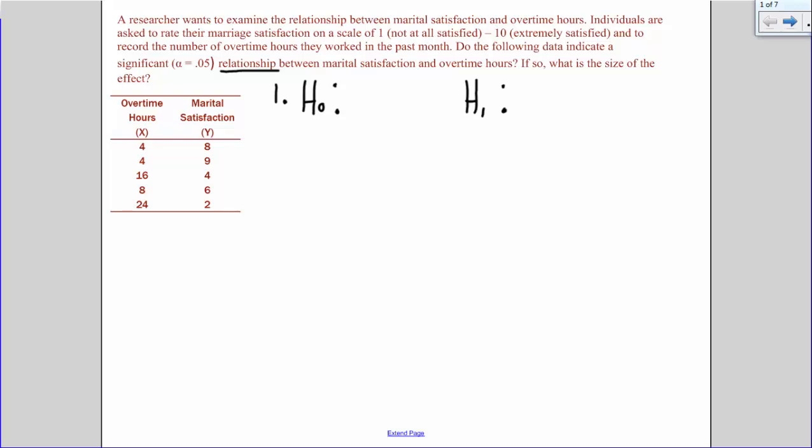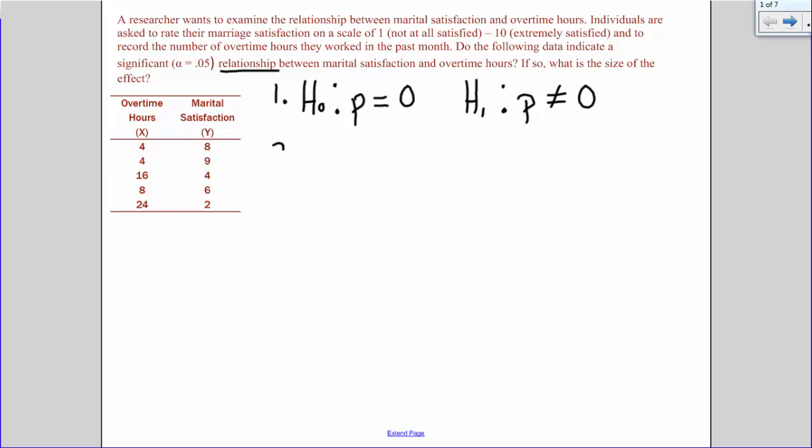I'm not being specific about whether I think that as marital satisfaction increases, overtime will tend to increase or decrease. I'm not saying I'm expecting a positive or negative relationship, just a relationship. So this is a 2-tailed test. Under the alternative hypothesis, the population correlation is just going to be something other than 0. There's some sort of relationship. Under the null, there really is no relationship, so the population correlation would be 0.